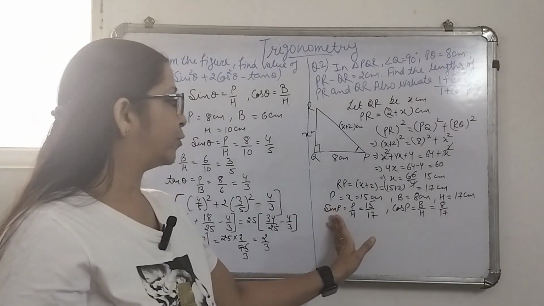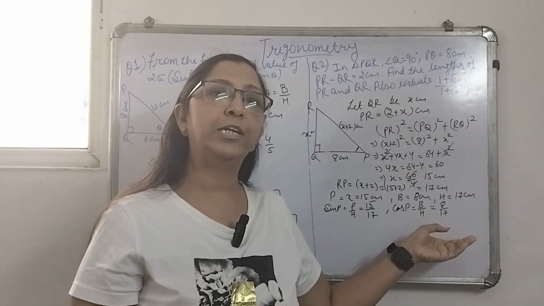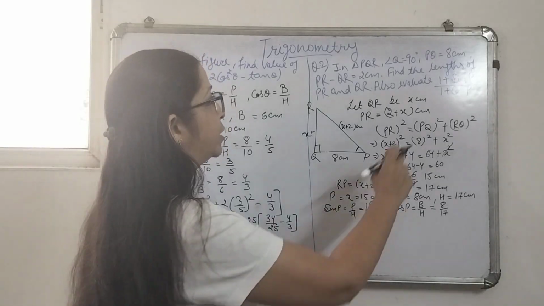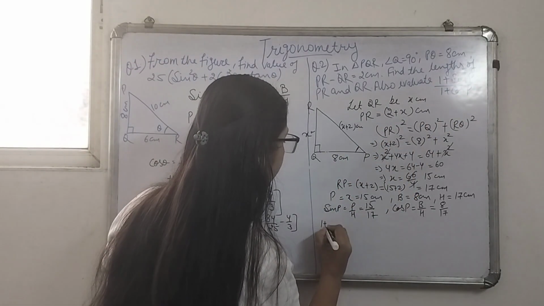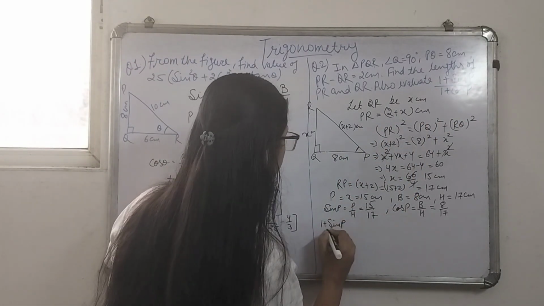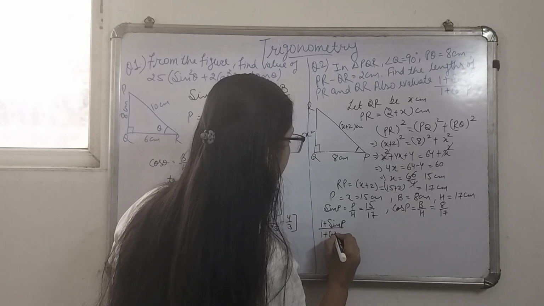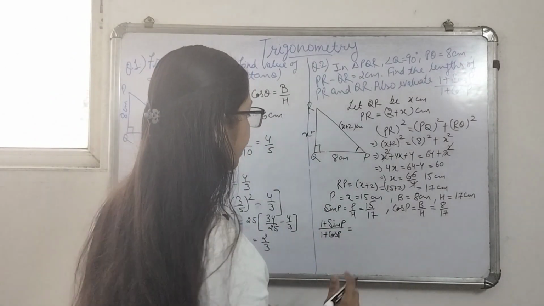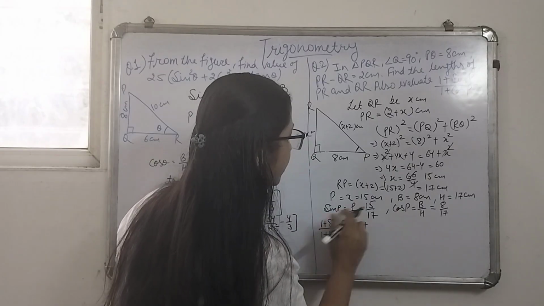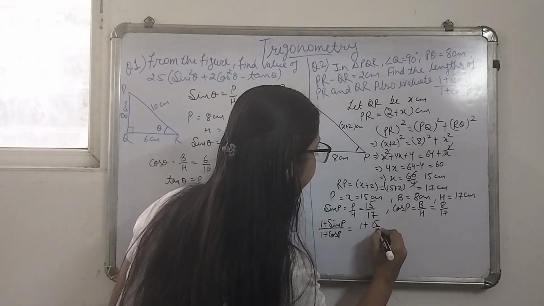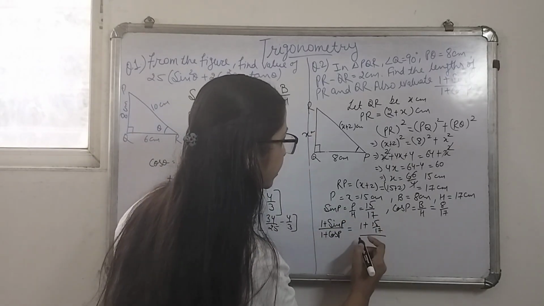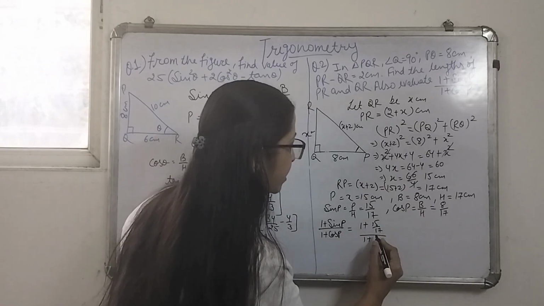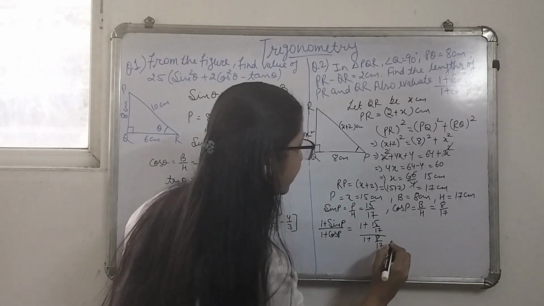Now we are having the value of sin P and cos P also. So we need to find (1 plus sin P) over (1 plus cos P). Now keep the values of sin P and cos P over here. It will become 1 plus 15 upon 17 in the numerator, and the denominator is 1 plus 8 upon 17.